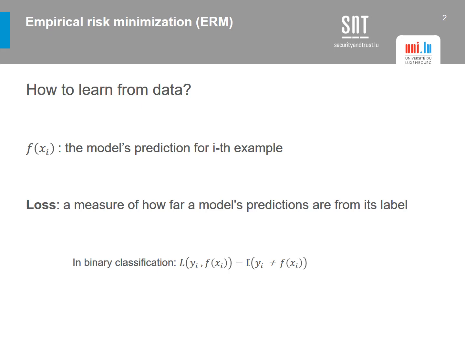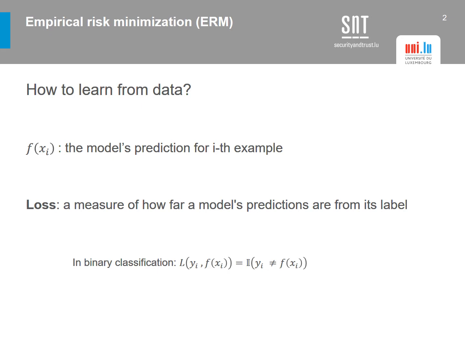Let's say we provide an input to the model and receive a prediction. The prediction decides how high the loss is. If the prediction is closer to the expected value, the loss is low, else the loss is high.